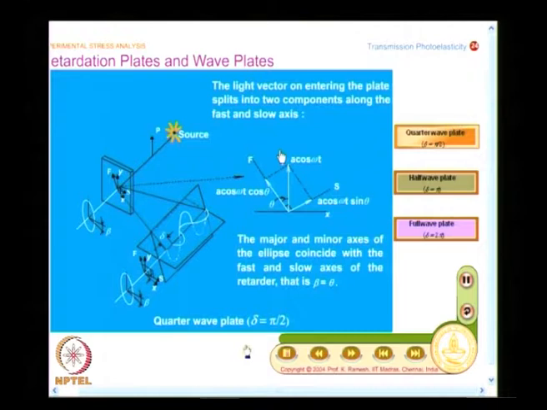The major and minor axis of the ellipse will coincide with the reference axis, fast and slow axis. So, that is an advantage, and this understanding is very much important when we look at an elaborate optical setup, where these optical elements contribute to the formation of different types of fringe patterns.